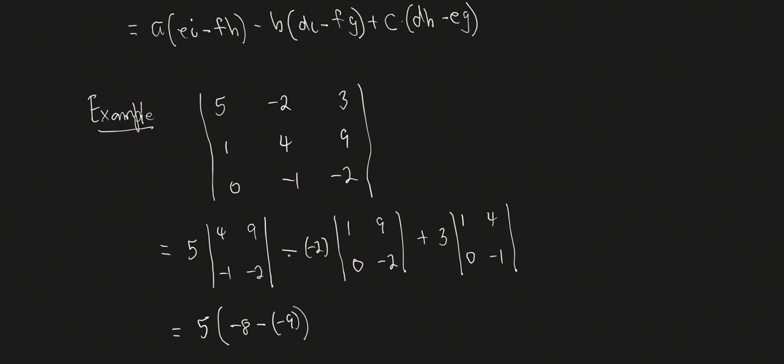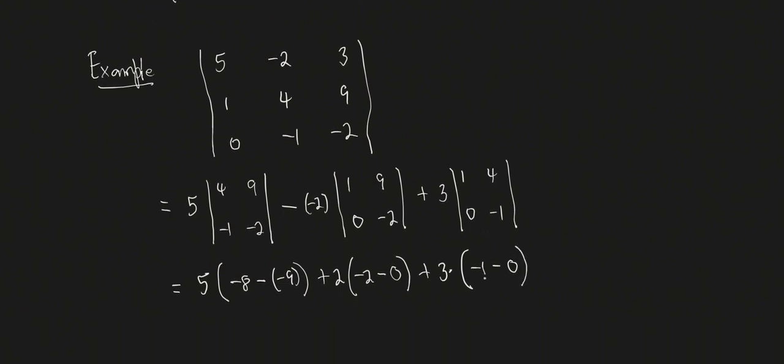Here we're subtracting -2 times something else, so these two negatives make it a +2 times, and then again use the same 2 by 2 determinant formula. So 1 times -2, that's -2, minus 9 times 0, that's 0, and then plus 3 times, and then finally 1 times -1, that's -1, minus 4 times 0, that's 0.